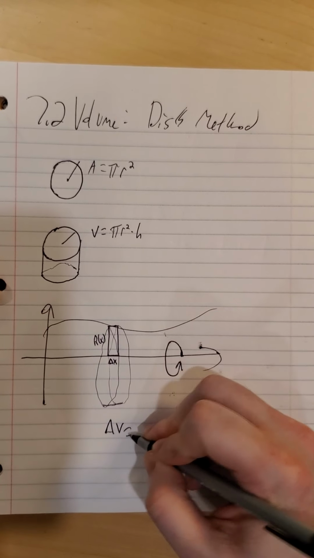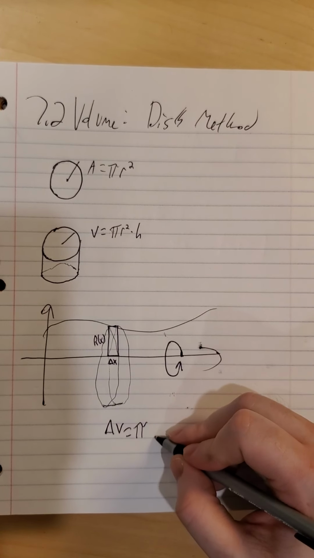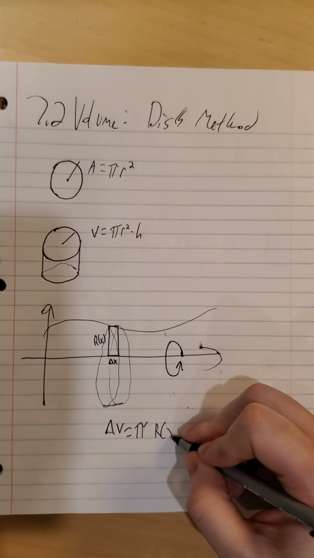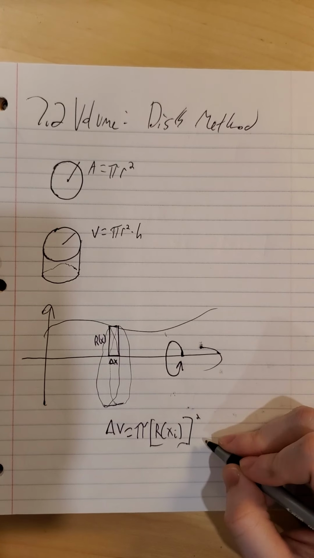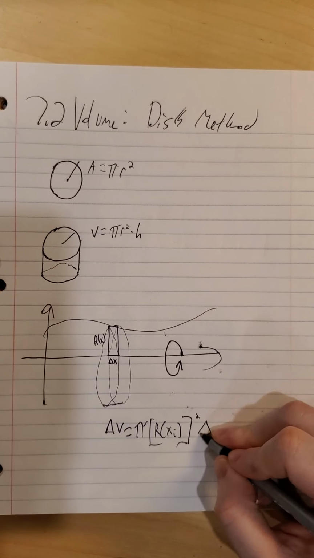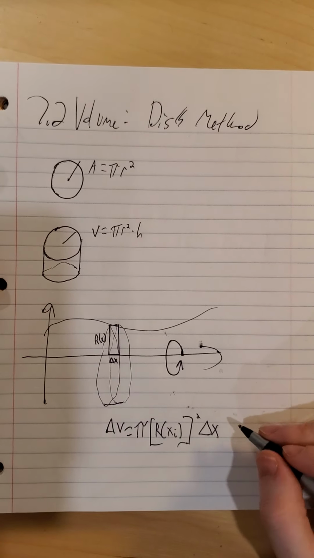The change in volume is pi times our radius squared times our height. Our height is delta x since we turn the soup can sideways.